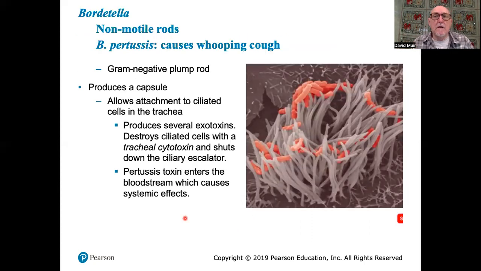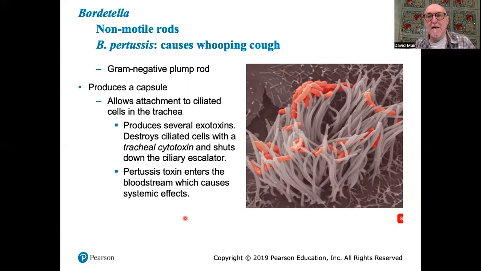So the next one of the beta proteobacteria is Bordetella. Bordetella is a quite dangerous bacterium, especially in children. And it causes the disease of whooping cough. At least one species of it, Bordetella pertussis, is the one of main interest here.